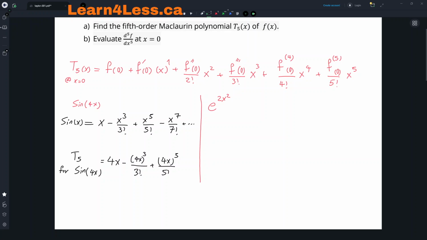For e to the 2x squared, we have the same thing. E to the x is a famous function, which we already should have the Taylor series at 0 memorized, which is 1 plus x plus x squared over 2 factorial plus x to the power of 3 over 3 factorial plus x to the power of 4 over 4 factorial, and so on.